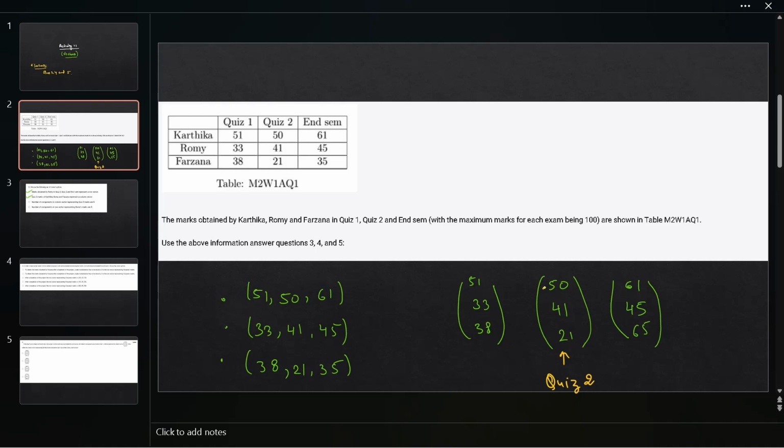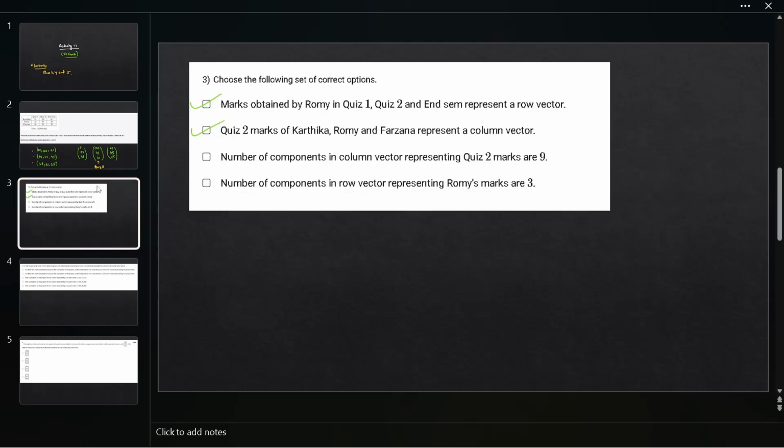The first component represents the marks of Karthika, the second corresponds to the quiz 2 marks of Rami, and the third corresponds to the quiz 2 marks of Farzana. So it is incorrect that we have 9 components. Actually, we have only 3 components. So option 3 is incorrect.